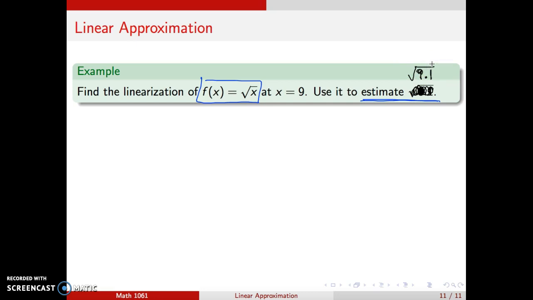We certainly can estimate the square root of 3.1, but that would be a different process than what we're trying to illustrate here.